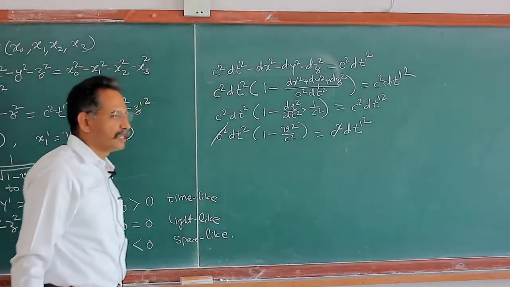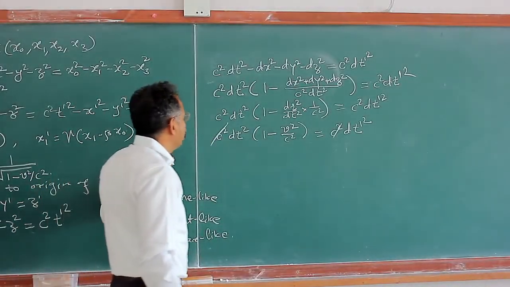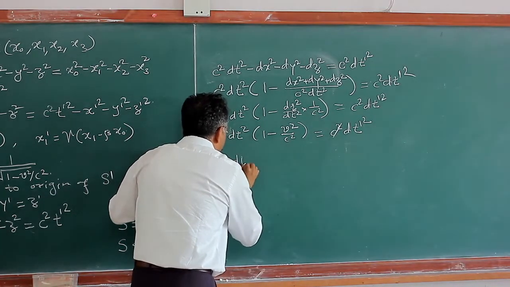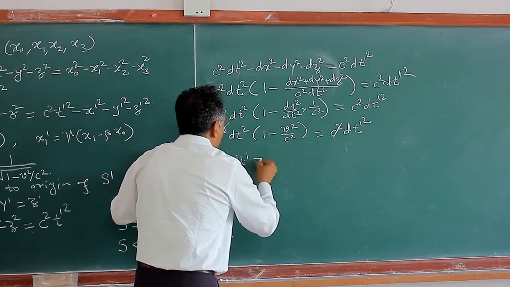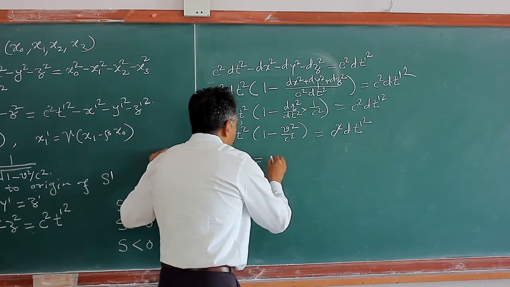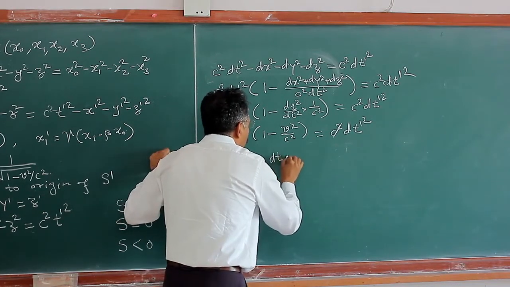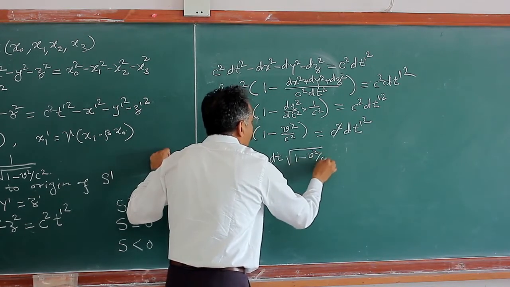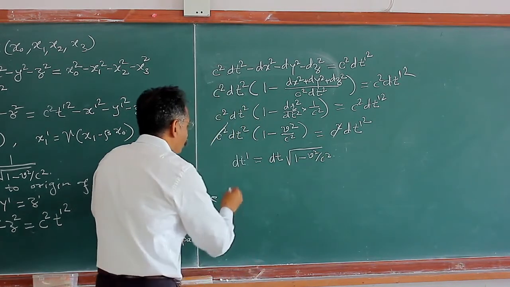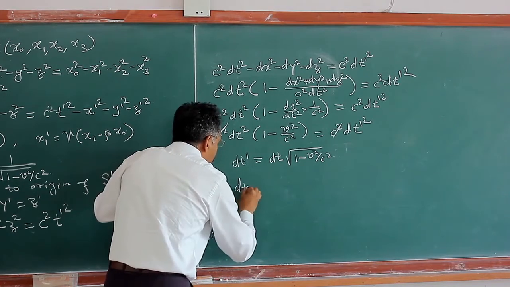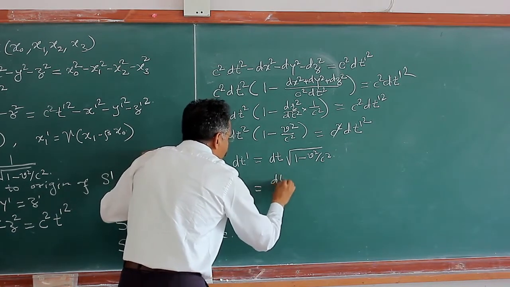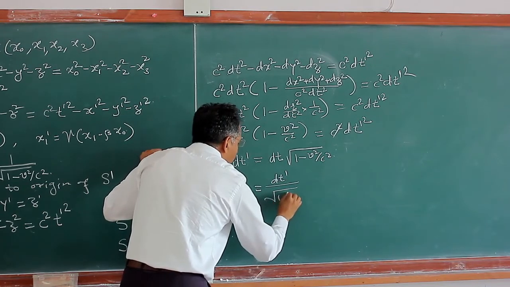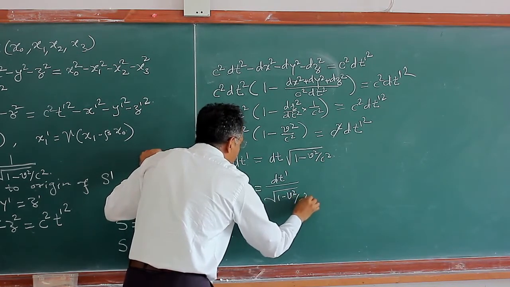Cancelling c square on both sides and taking the square root, we can write dt dash is equal to dt into the square root of 1 minus v square by c square. So dt can be written as dt dash upon the square root of 1 minus v square by c square.